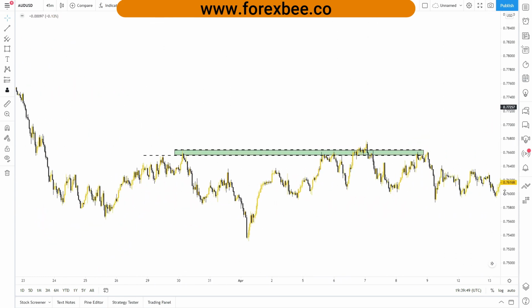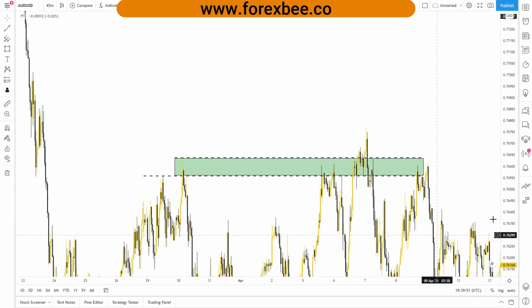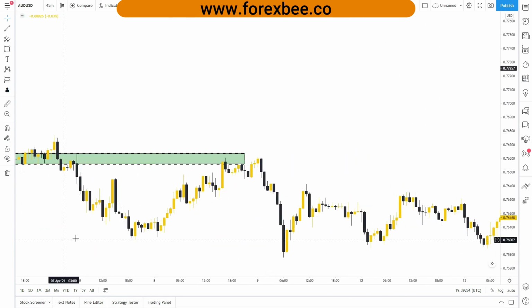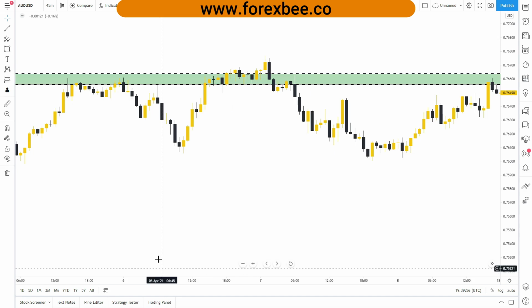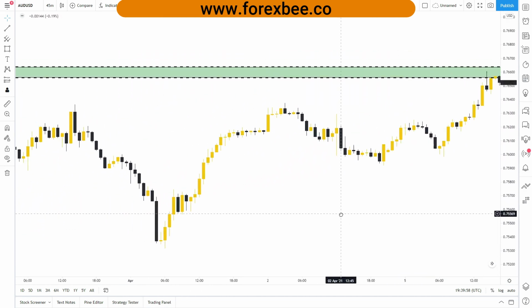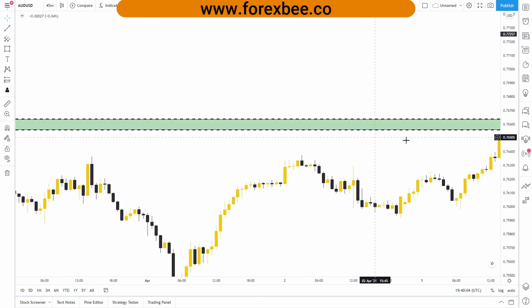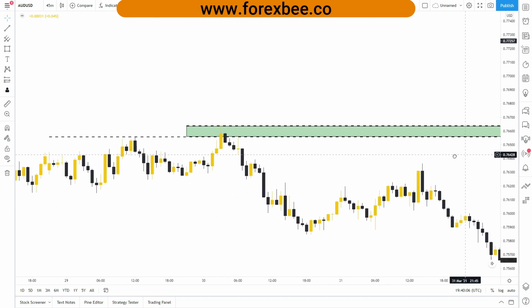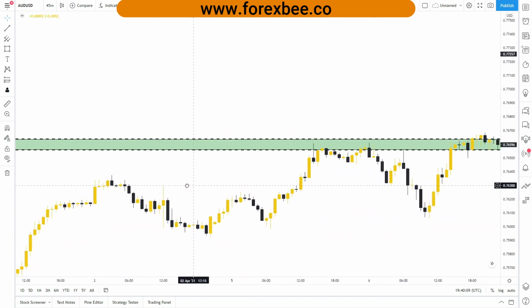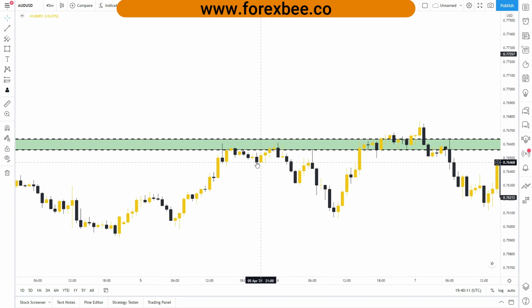Right now here's the zone which we have just drawn, and let me increase the size of the candles. As you can see, this proved to be a pretty good resistance level, because it did not let price go through it in a very long time. Here, as you can see, it kept its resistance.